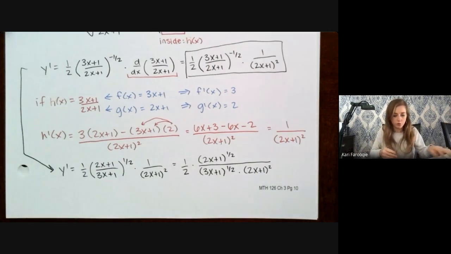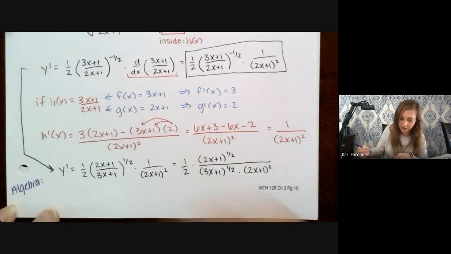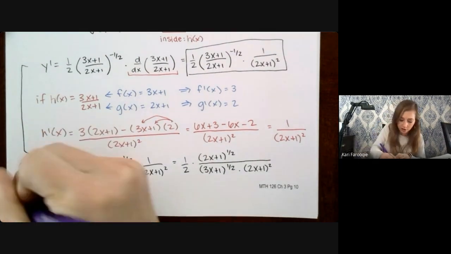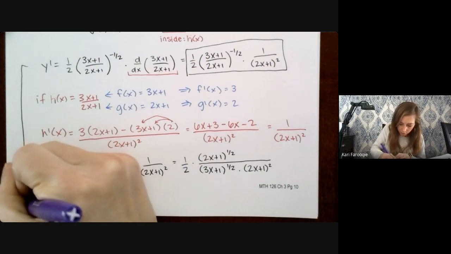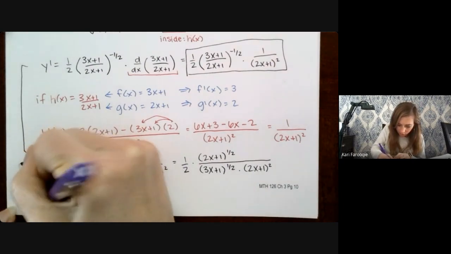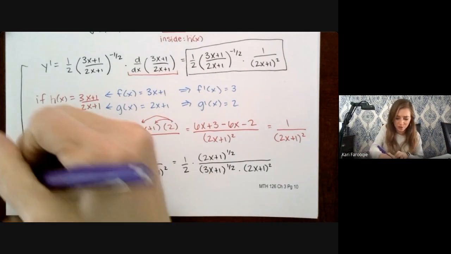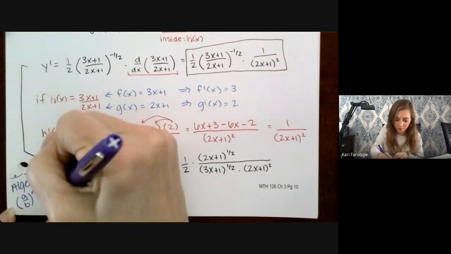The algebra rule that I am using right now is, what am I using? A over b to the n is a to the n over b to the n. So that is the exponent rule that we're using. See how if we know our rules from algebra, it makes calculus so much easier.